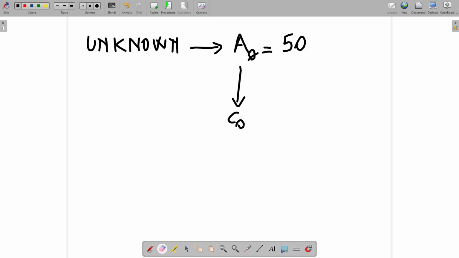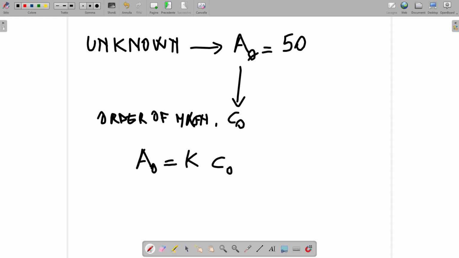Can I estimate the order of magnitude of C0? I would need K, because I know that A0 is proportional to C0 by the constant K. Okay? Are you following me? Of course, I don't know K, because I am estimating it.